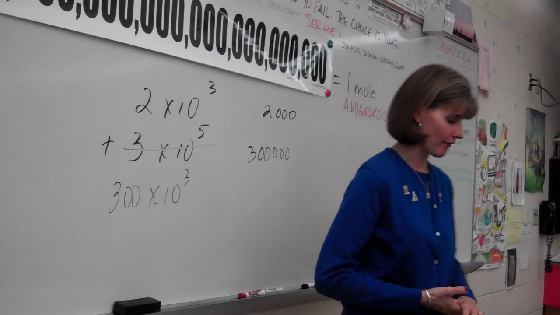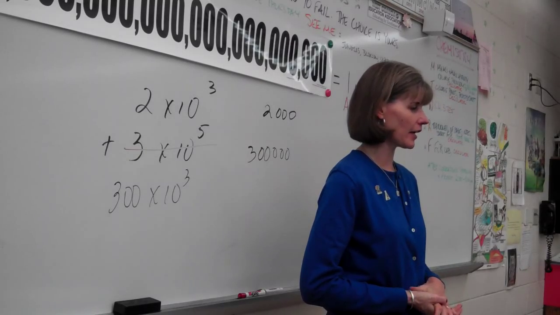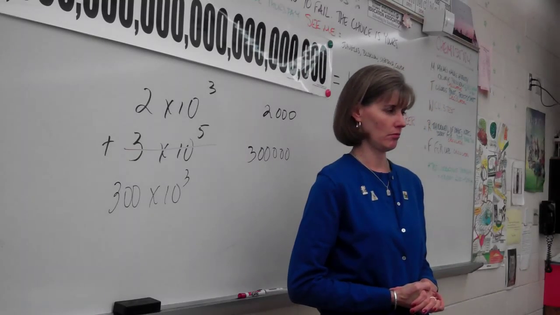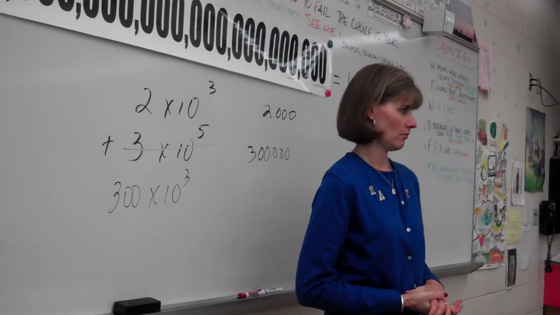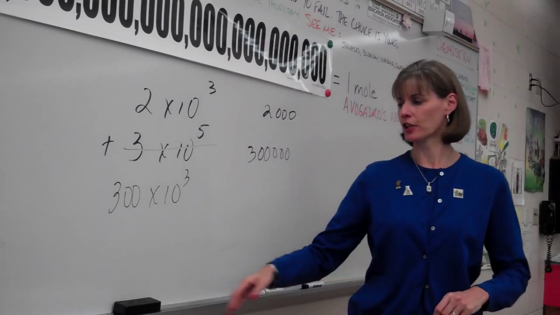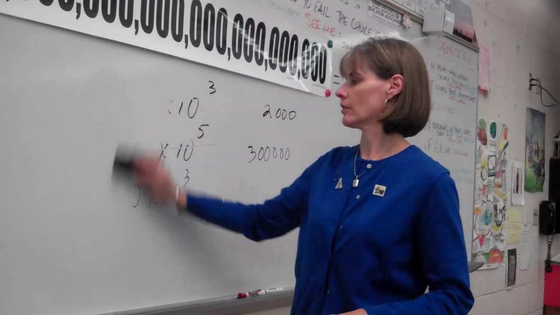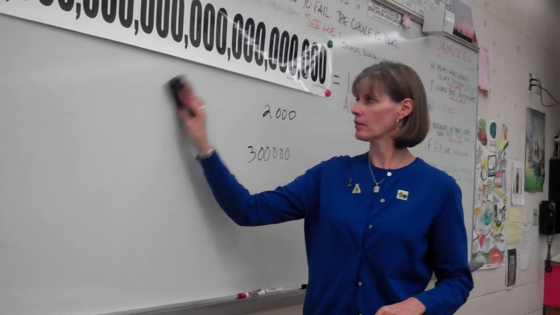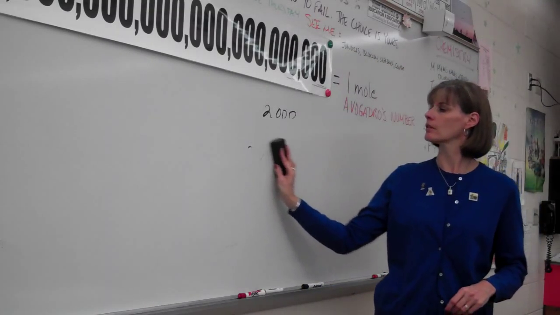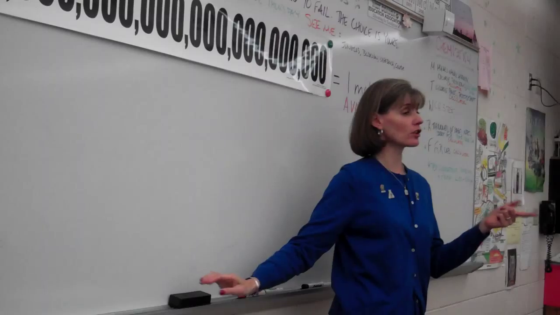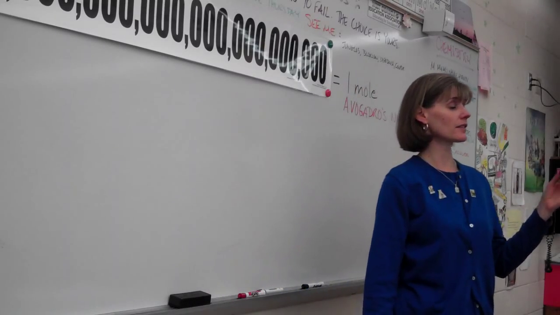Number 5. Oh my goodness. Define accuracy and precision. Okay. How do we know if we're accurate? If it's close to the what? Accepted value.